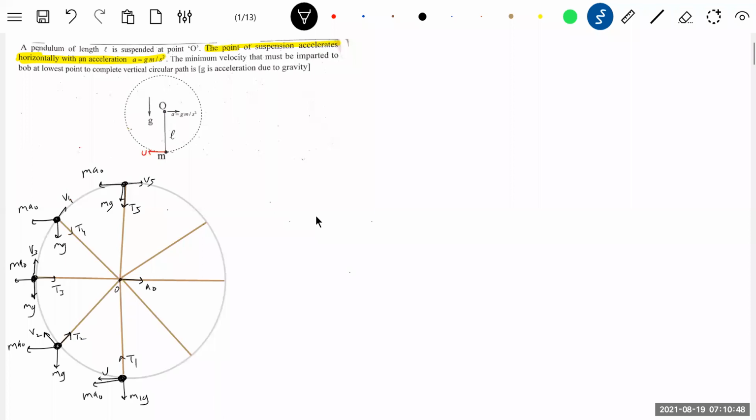Okay, we have one more here. Let's take this theta. Now at this particular point you can see the bob. The resultant of ma0 and mg can act toward this direction, and the tension can be minimum compared to this.